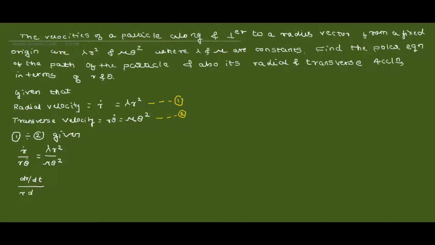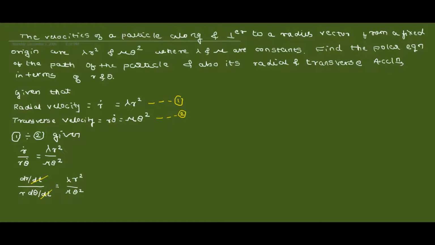Theta dot is nothing but d theta divided by dt, and this is equal to lambda r square divided by mu theta square, where this dt gets cancelled.